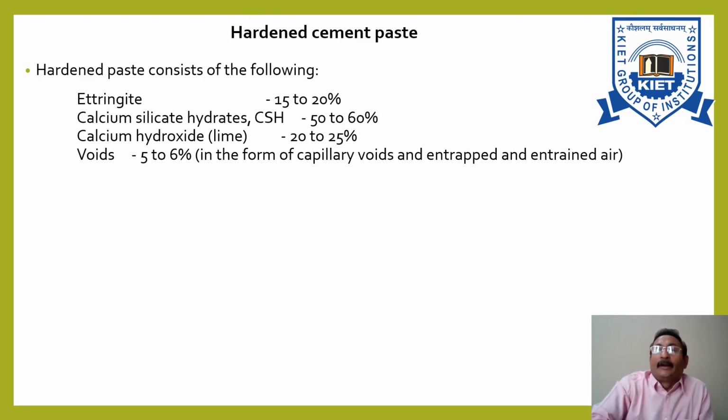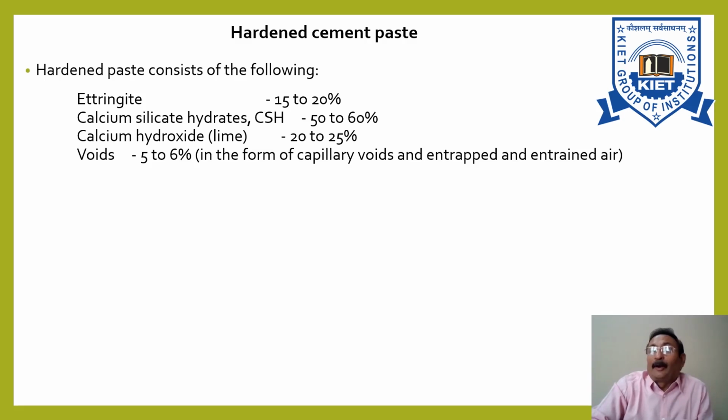It only takes space in the cement paste. When it is hardened, ettringite has taken 15 to 20% of the space, and calcium silicate hydrate, that is CSH, has taken 50 to 60% of the space.